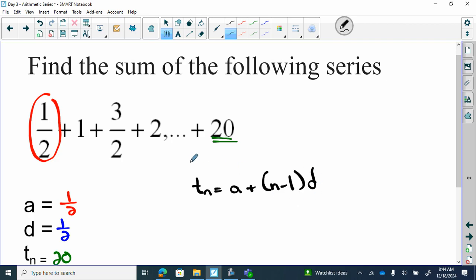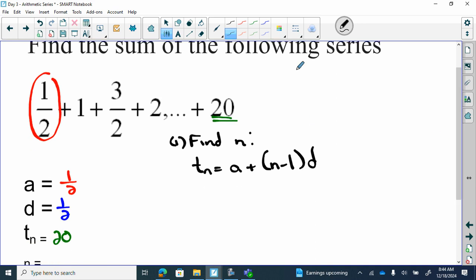I use this formula, and I'm going to solve for n. This is step 1. Find n. Write this down, please. What should I fill in for Tn? 20 equals. What should I fill in for A? 1/2 plus.